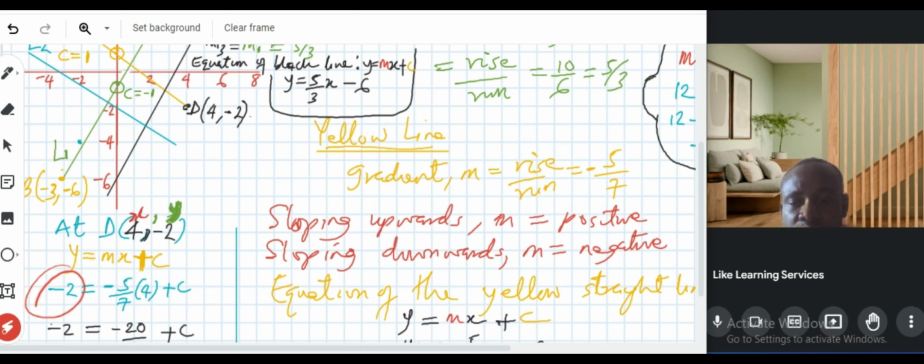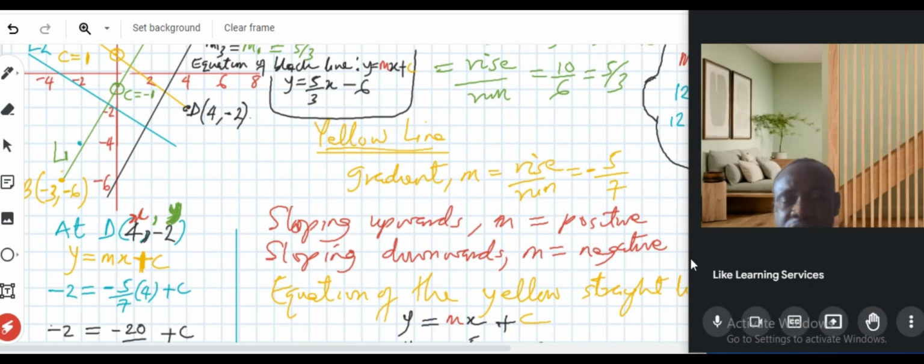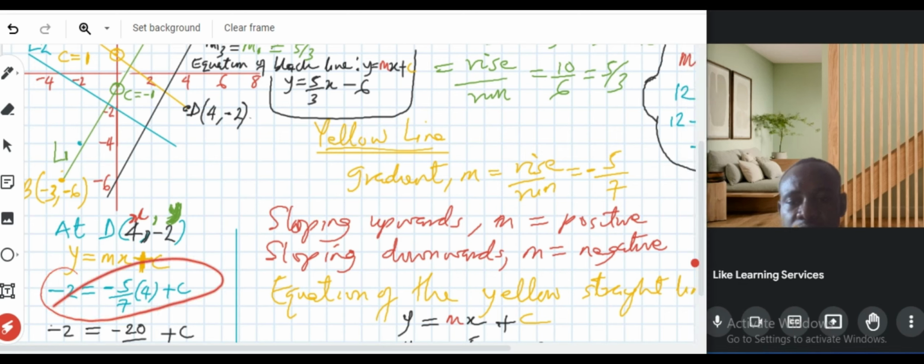So for y equal to mx plus c, we say -2 is equal to -5/7 times 4 for x, then plus c that we're looking for. We solve this equation to get c.